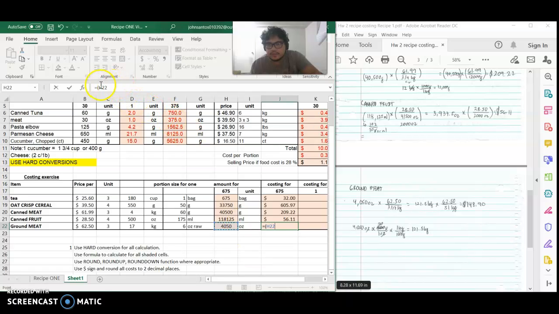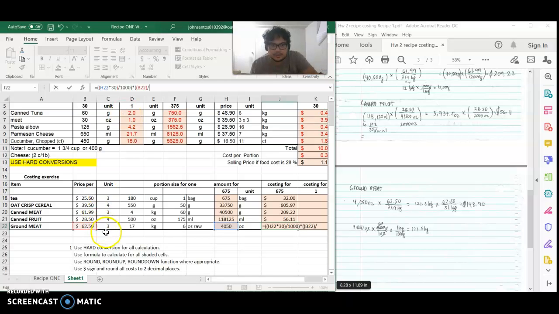So we're gonna utilize a lot of parentheses, multiplied by 30 divided by 1,000. Then multiply the whole thing by $62.50. Again, use your parentheses.